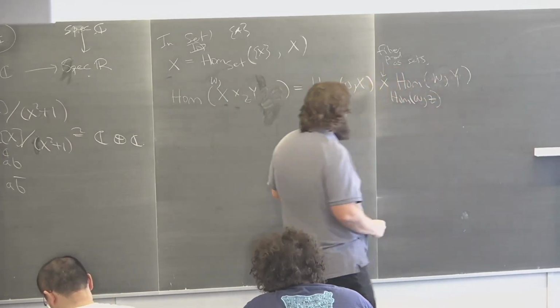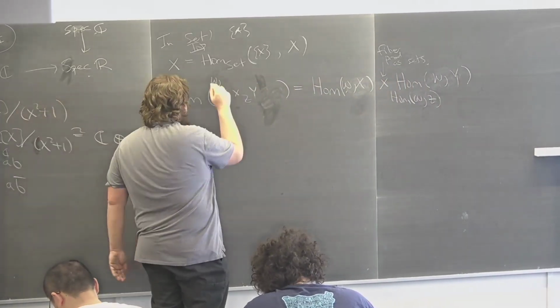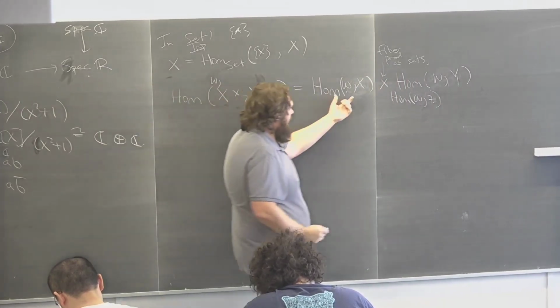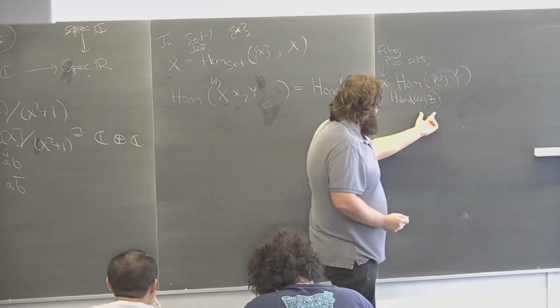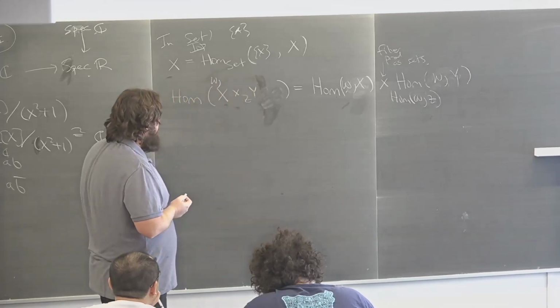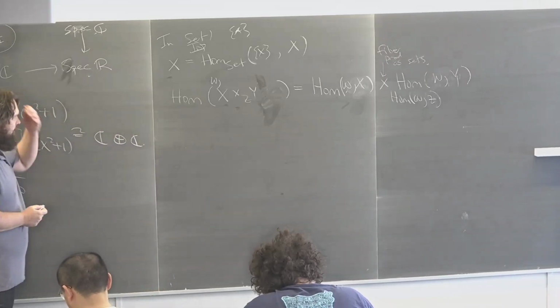Okay, now this is correct. This is just restating the universal property that Hom from W into this fiber product is the same thing as a Hom into X and a Hom into Y that agree on Z. Yeah, cool.